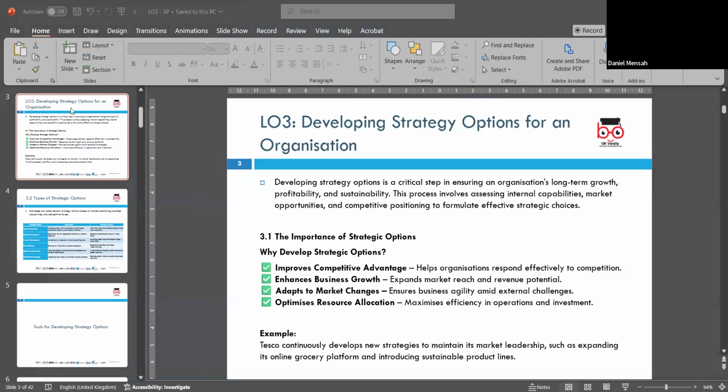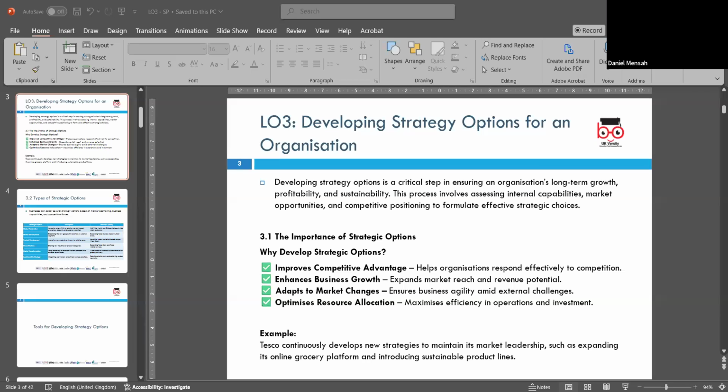So developing a strategy option is essential for a company's long-term success. It involves evaluating company strengths, available market opportunities, and its position against competitors. This process helps in making informed decisions that drive growth, improve profitability, and ensure the business remains sustainable in the face of challenges and changes in the market.